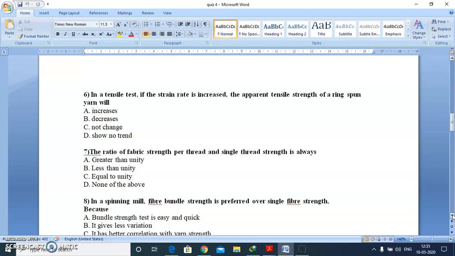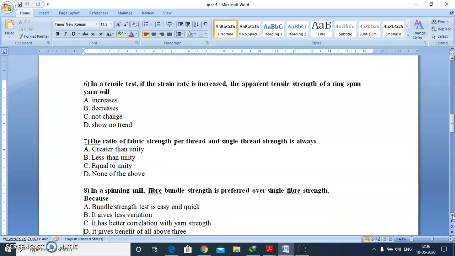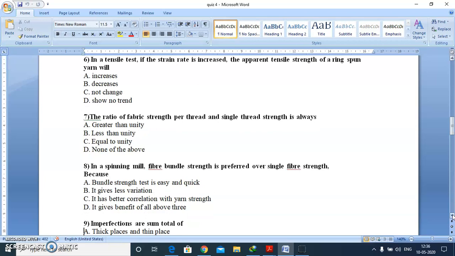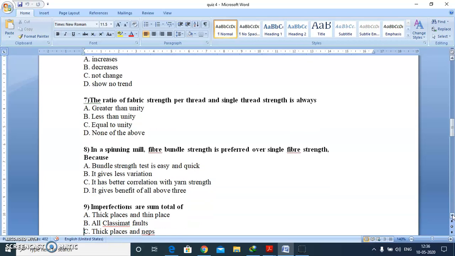The next question is the ratio of fabric strength per thread and single thread always is greater than unity due to the fabric assistance factor, because the cross threads also contribute to the fabric strength. Now the next question is, in a spinning mill, fiber bundle strength is preferred over single fiber strength. Yes, fiber bundle strength is preferred.